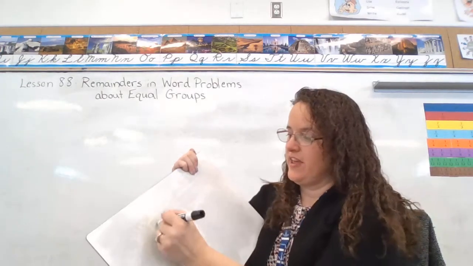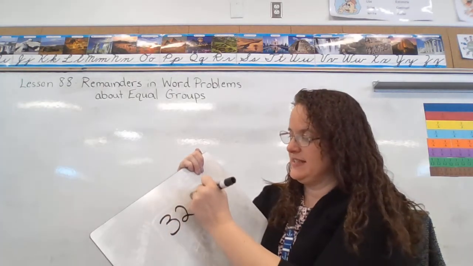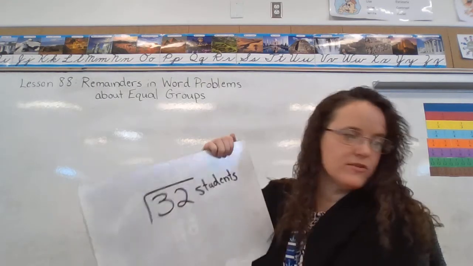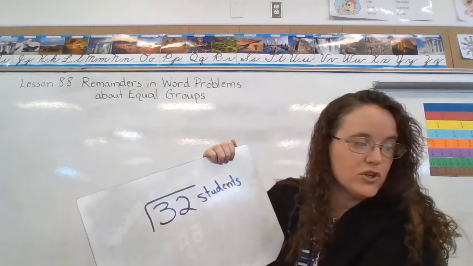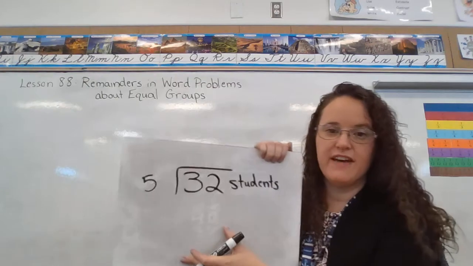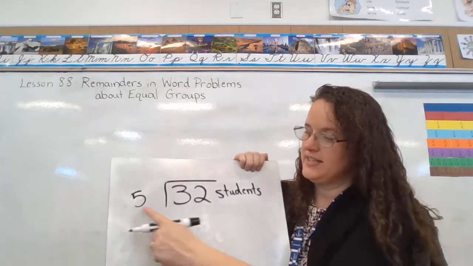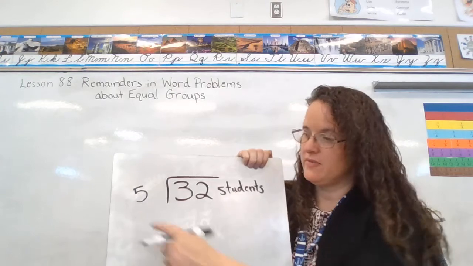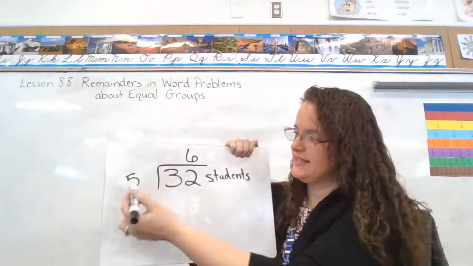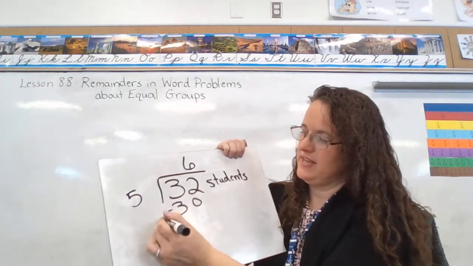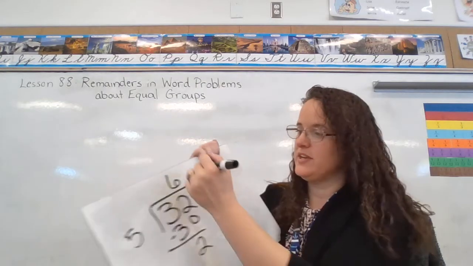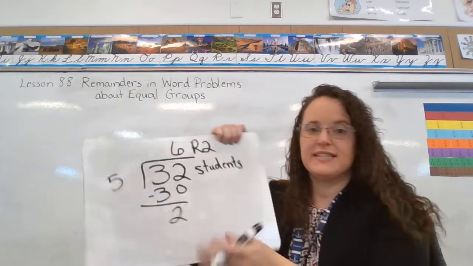So we know we have 32 students, and we have to break those 32 students up into groups of 5 because the table only holds 5 students. Does 5 go into 3? No. Does it go into 32? Yes. 6 times 5 is 30. Subtract, and we have nothing left to drop, so here's our remainder. Our answer would be 6 remainder 2.